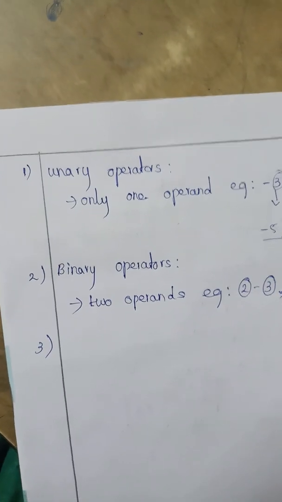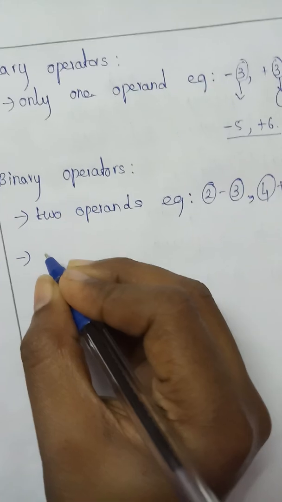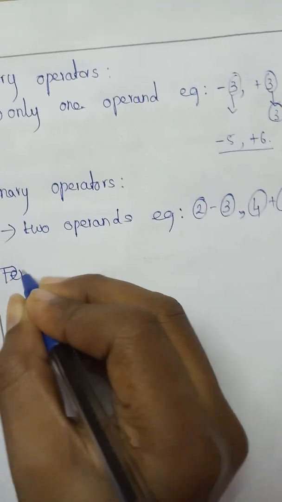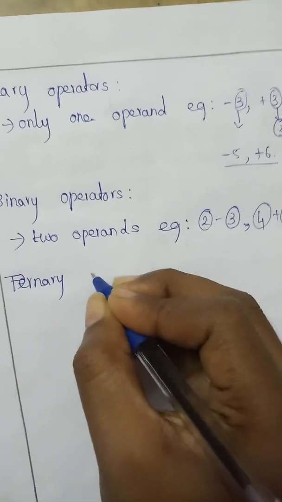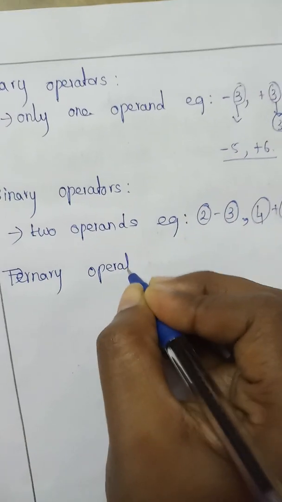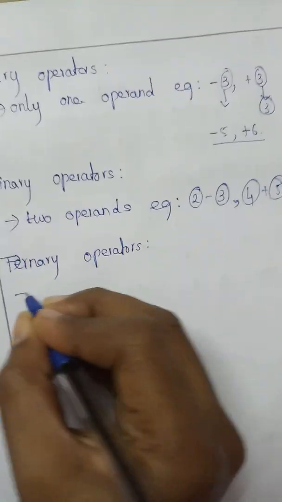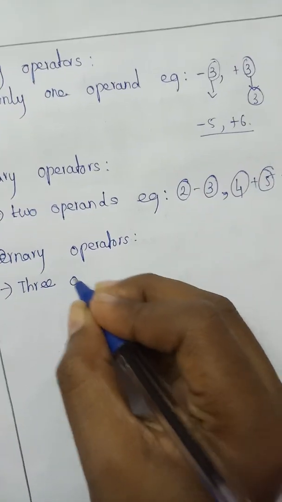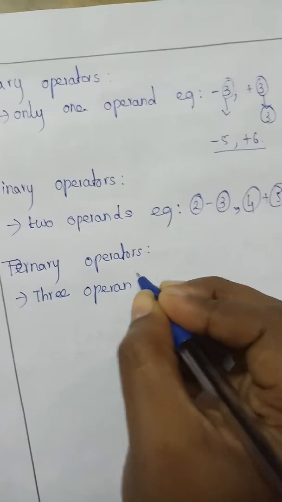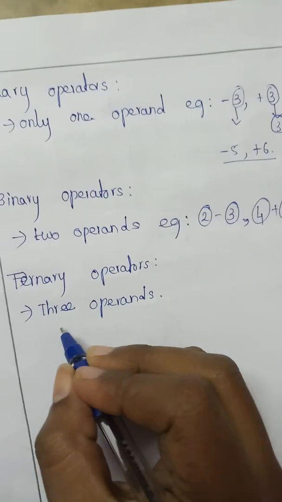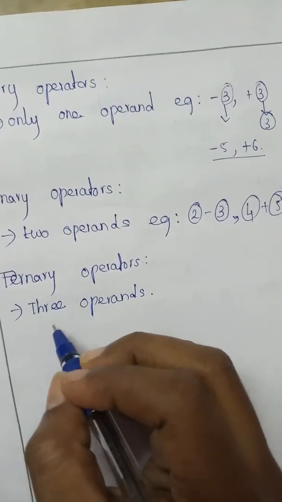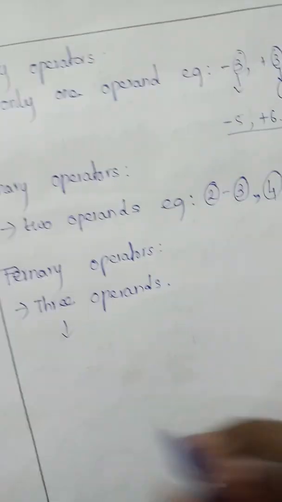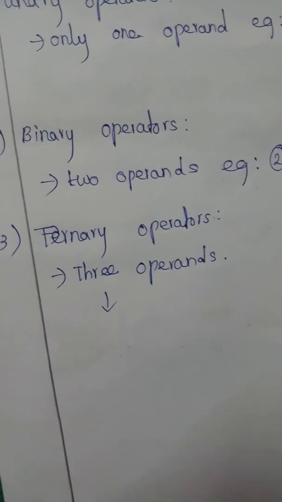The third one is the ternary operator. It operates on three operands. For ternary operators, I will use a code to explain it.